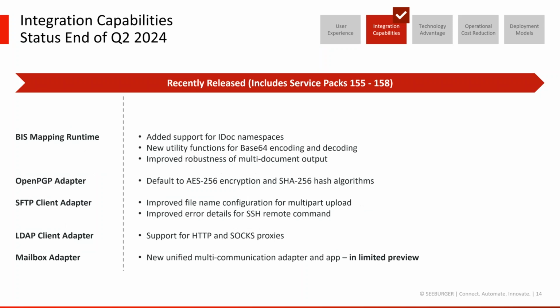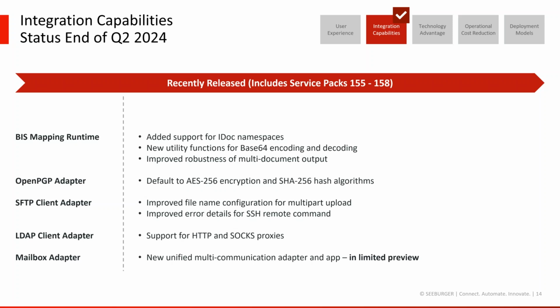Next area of interest are our general integration capabilities. What have we delivered here in the past quarter? Small enhancements in some of our adapters and in the BIS mapping runtime. In the mapping runtime, we've added support for IDOC namespaces.